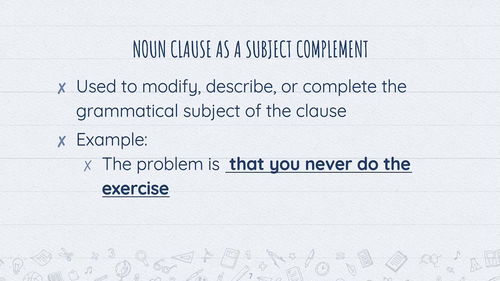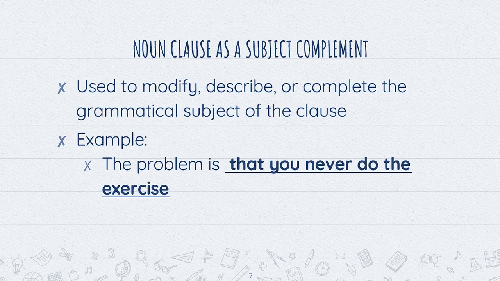Okay, next we will move to the second function of the noun clause. Here we see the noun clause as subject complement. So this noun clause is actually used to modify, describe, or complete the grammatical subject of the clause. So it's basically to give some additional description or additional information about the subject of the clause.